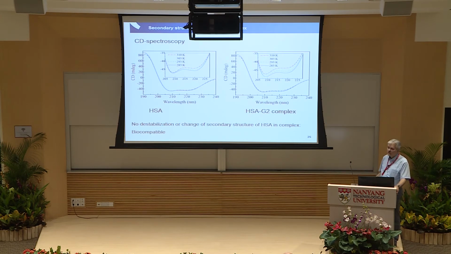And then I think you do another very important experiment, which should be done for all nanocarriers. You look into the CD spectroscopy of the HSA and HSA with the complex, and you do this at different temperatures. And for many dendrimers, and this is of course a lot of literature, you see in particular that the dendrimer adsorbed to HSA is strongly destabilizing, and it's certainly not a drug.